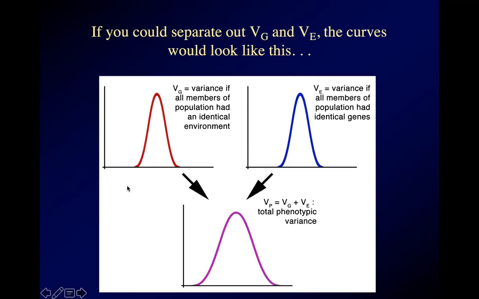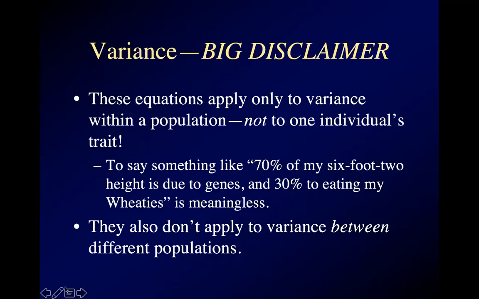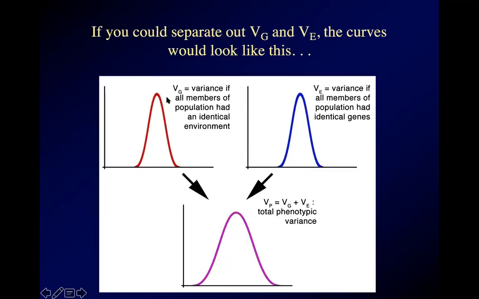So up at the top left, that bell curve shows what the variance in a population would be if all members had an identical environment. Let's say we took a bunch of sumac plants and we raised them in exactly the same environment.